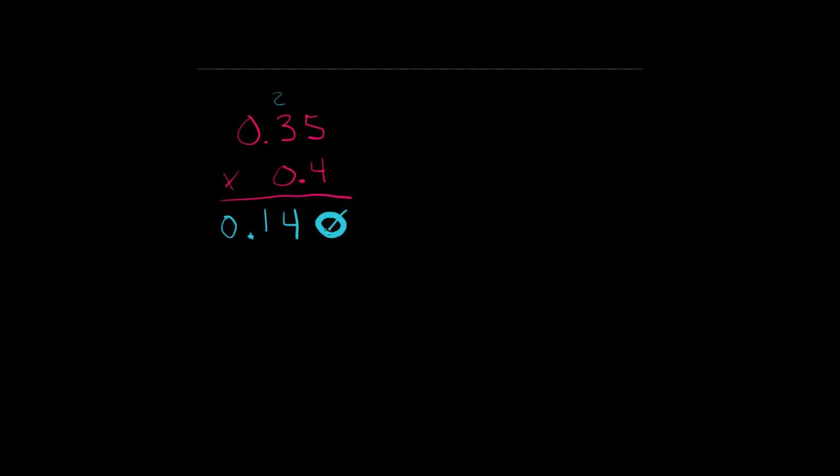Or after you've placed your decimal, if you cross that 0 out, because it's the same thing, you could just read this as 0 and 14 hundredths. So either way would be a correct way to read that answer. But we have to make sure we keep our 0 in here until we put our decimal place down. So when we count off our 3 decimal places, then if you want to cross it out to simplify it, that is perfectly okay.